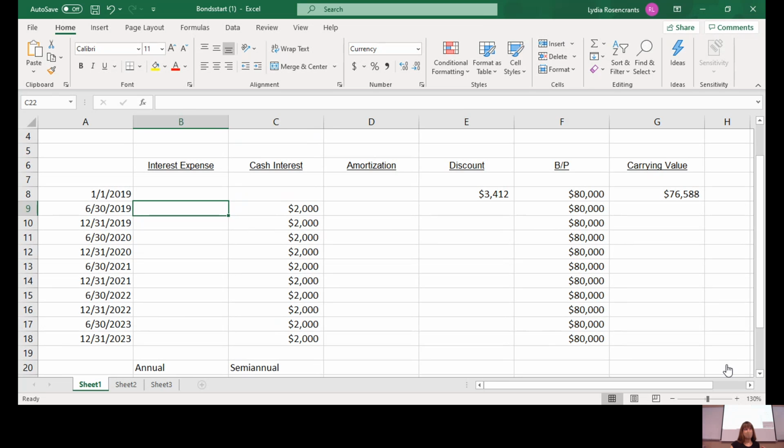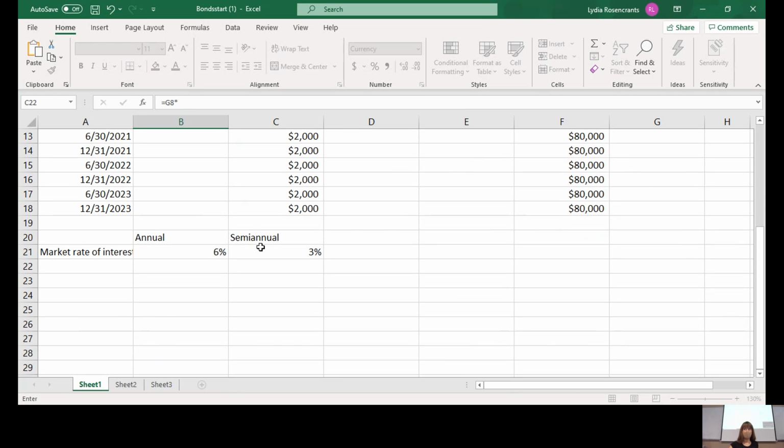So my interest expense is equal to my carrying value, which is 76,588. So I just hit equals G8 times my semi-annual market interest rate. But don't hit enter yet, because I want to be able to carry this down like we do on our loans and our leases. So I'm going to fix that cell, that C21. Do you remember how to do that? The dollar signs, right.